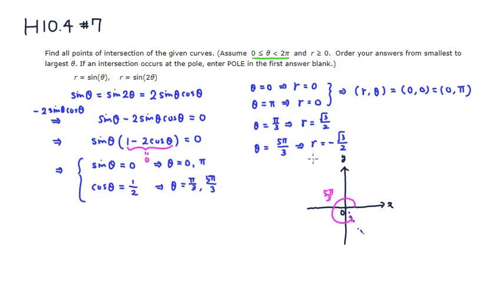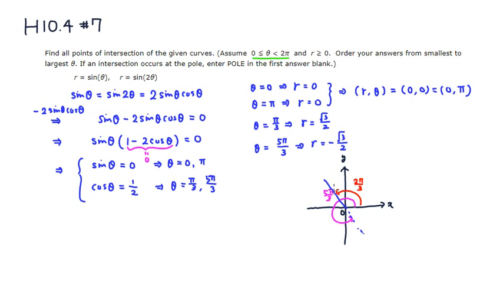But the r value is negative, so it actually goes this way. This angle is going to be 5 pi over 3 minus pi, which is 2 pi over 3.